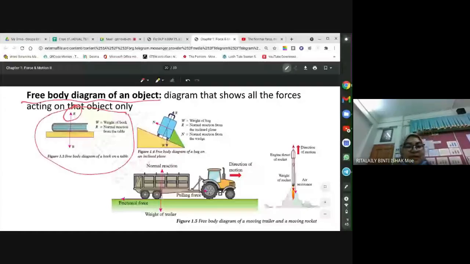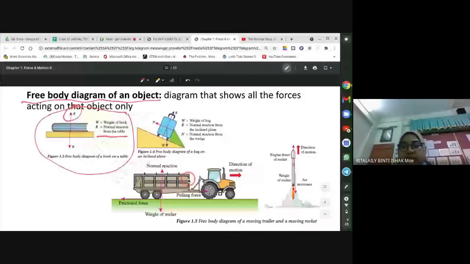The surface will exert the force perpendicularly to the object. Then we have the next diagram, a trailer, and the trailer is moving to the right.